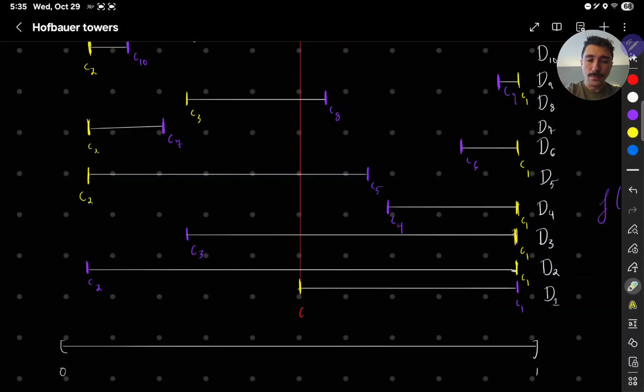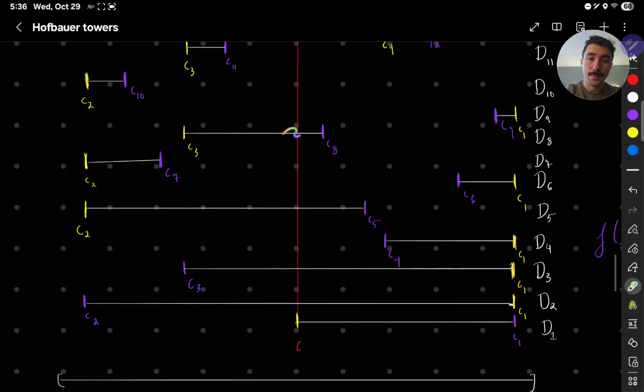Notice that D5, the old part, well, where does that map? It goes C3 and C1, which is D3, because C2 goes to C3 and C goes to C1. I should have said C3 and C1. So it goes onto D3.